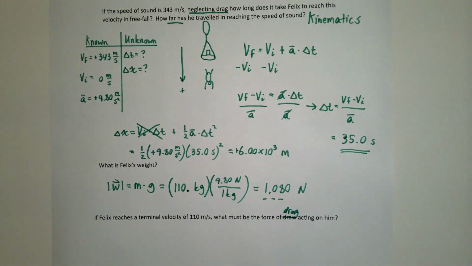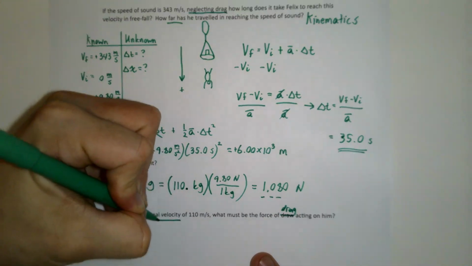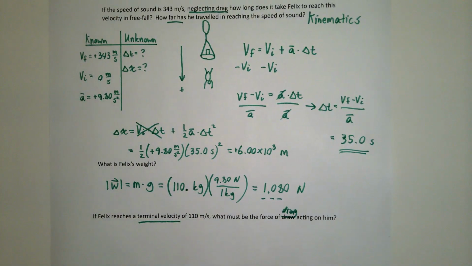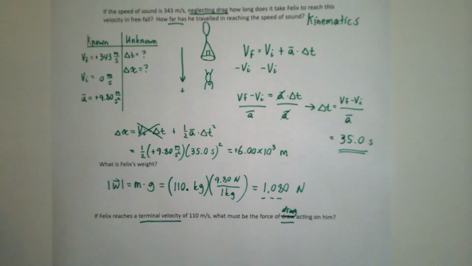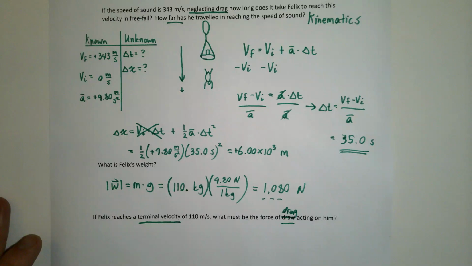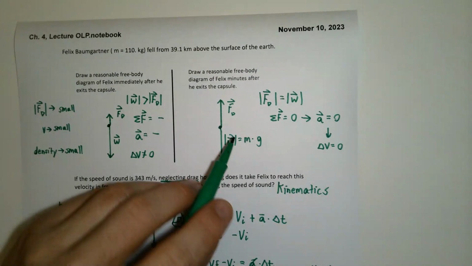Our last question for section 4.2 is, if he reaches a terminal velocity of 110 meters per second, what must be the force of drag that's acting on him? Our key term here is that he's at terminal velocity, and we're trying to find drag. What do we know about the forces acting on an object at terminal velocity? That's what we saw up here.